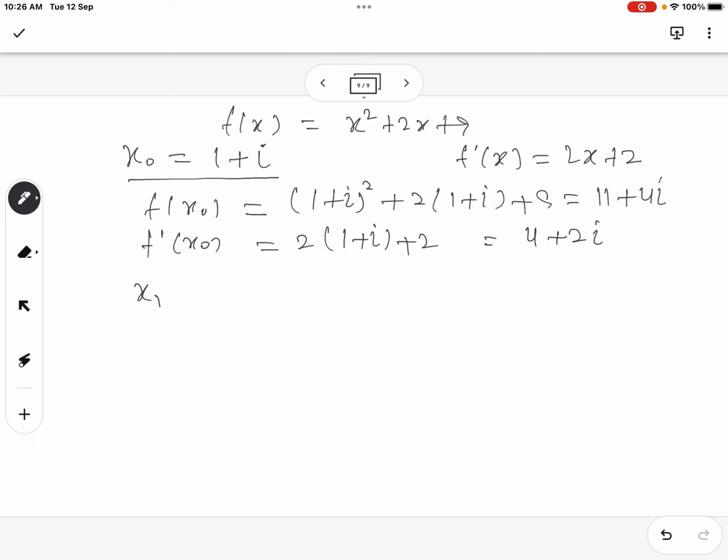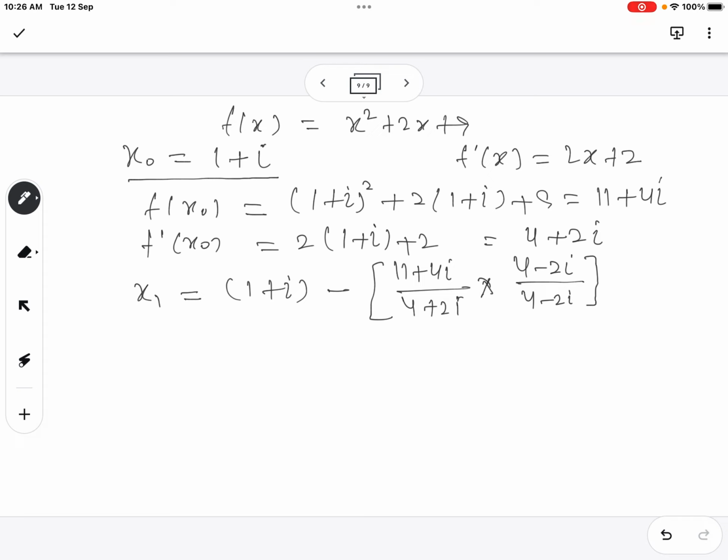And so the first approximation will be 1 plus i minus (11 plus 4i) by (4 plus 2i), and to rationalize this denominator, I multiply it with its complex conjugate, and from here if I solve, I will get it equal to minus 1.6 plus 1.3i.